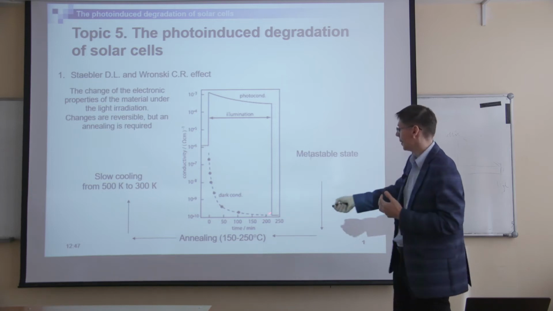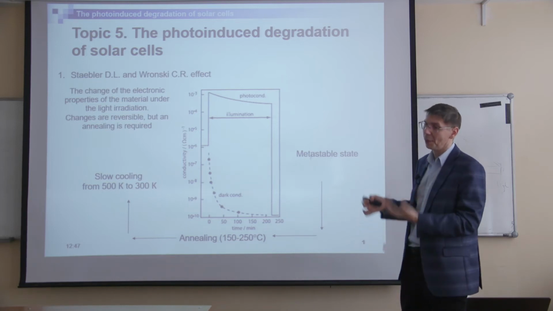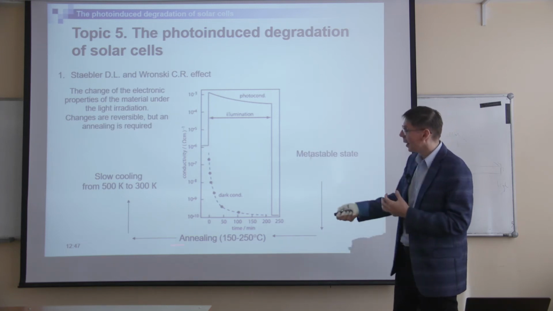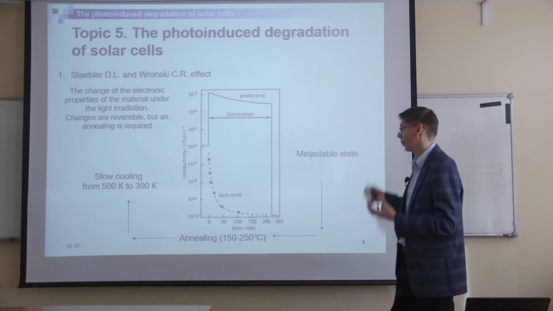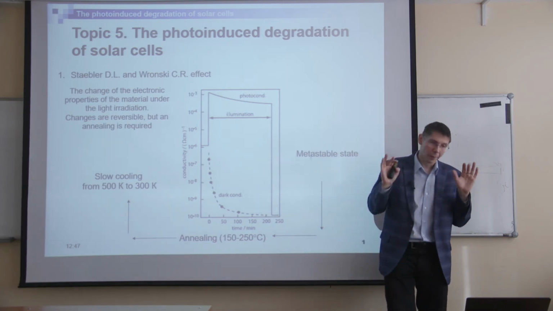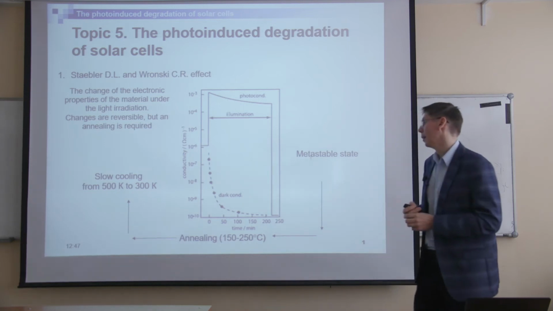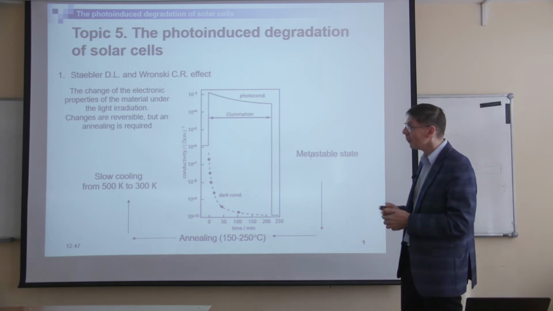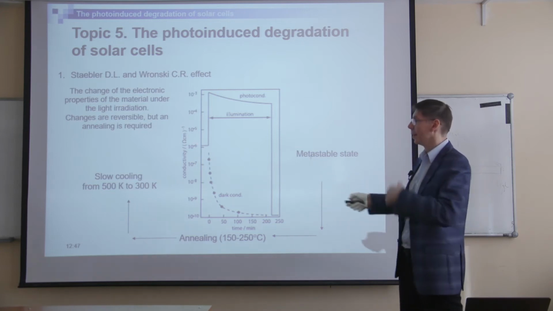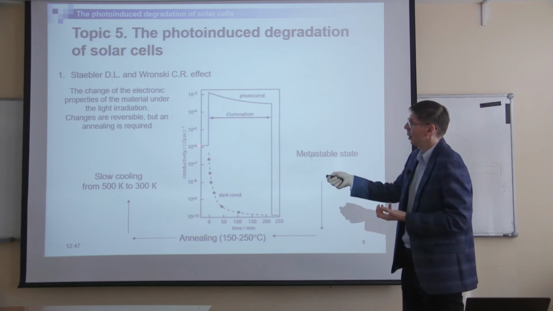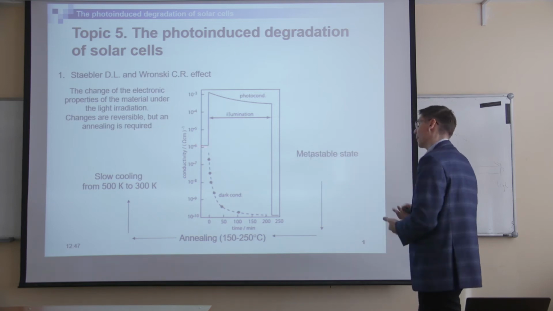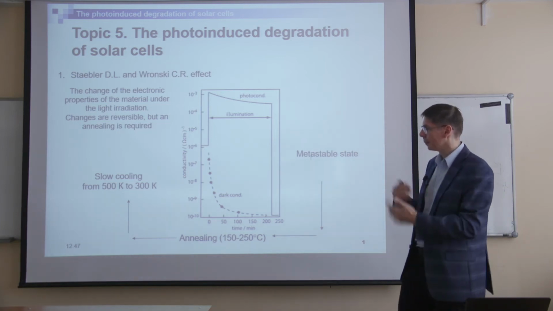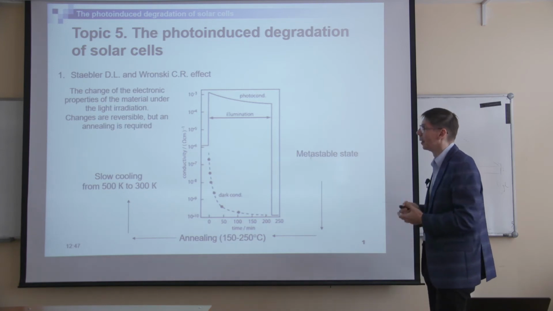I mean, this is a so-called metastable state. So it means that we can go back by annealing of this solar cell in vacuum or even in air at 150 degrees, and then we can go to the initial point and repeat it again and again. So it's really a metastable state.